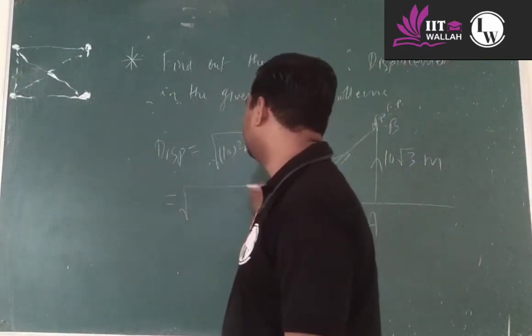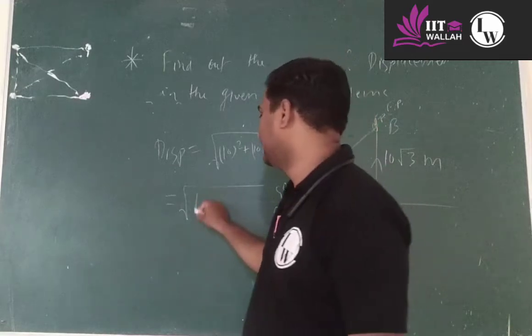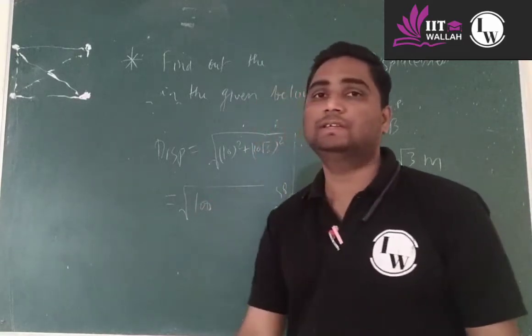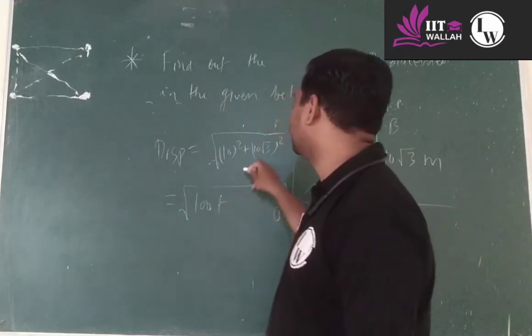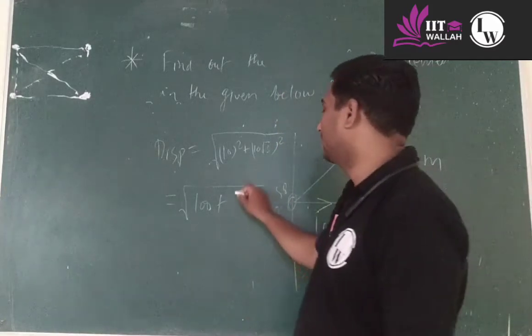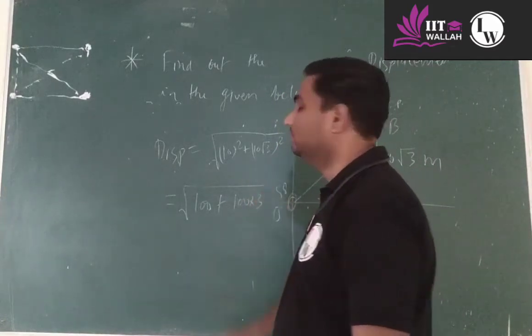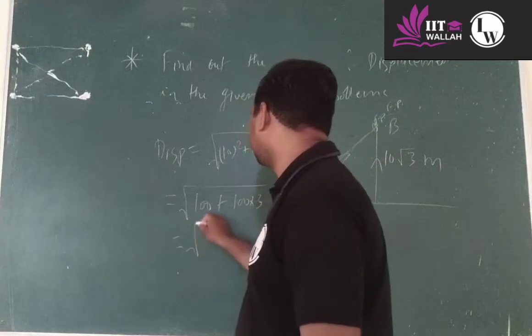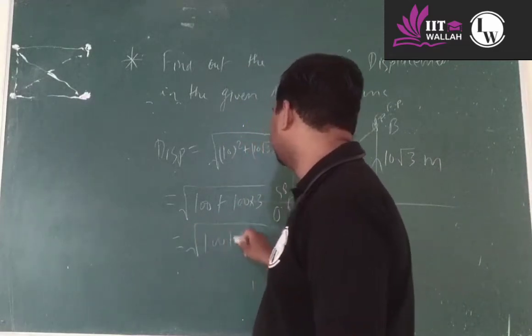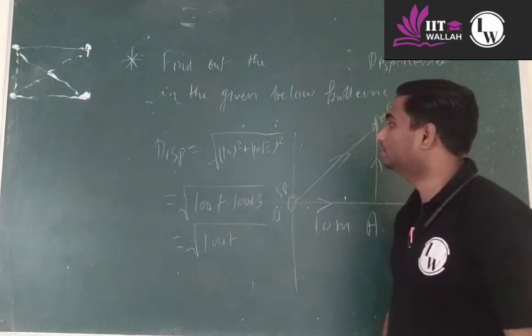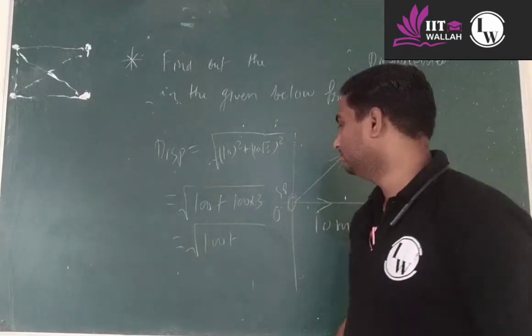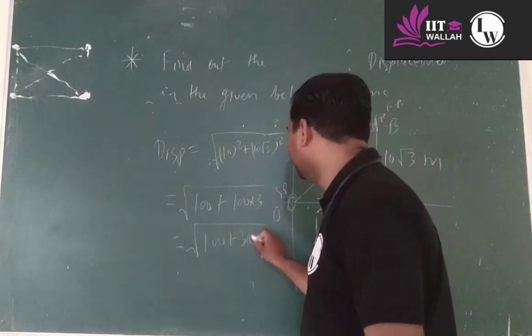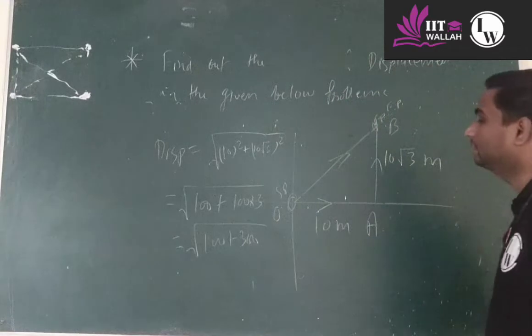The square root of 10 square is 100, plus (10√3) square is 100 into 3, which is 300.